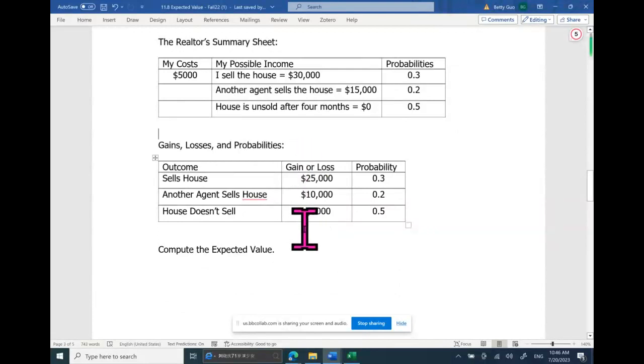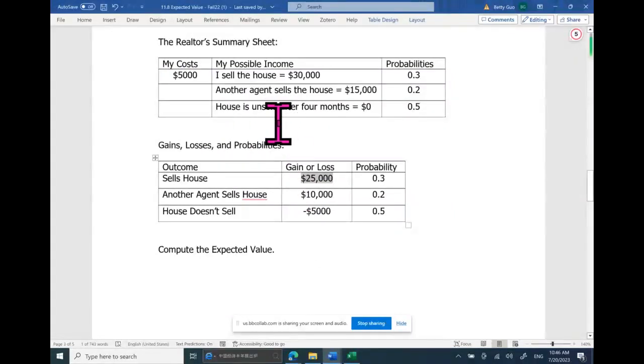If the realtor sells the house himself, then the profit would be 30 grand minus 5 grand. You have to use the income minus the cost to get a profit, right? So his profit is 25 grand.